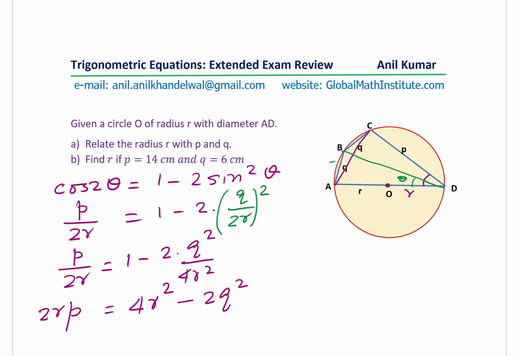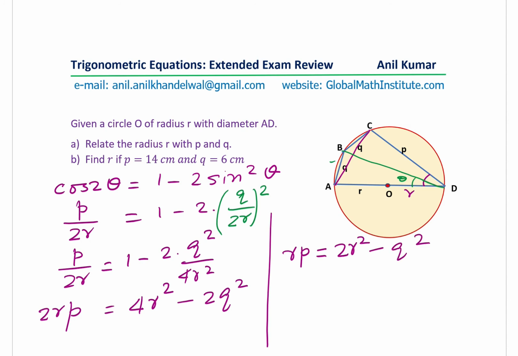Now we can divide all the terms by 2 and get our relation. Dividing by 2, we get RP equals 2R squared minus Q squared.